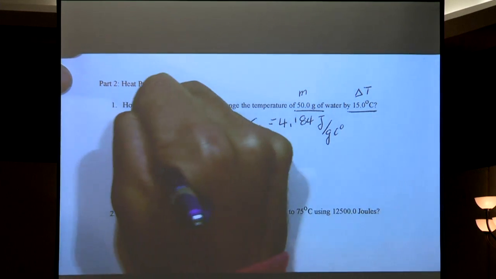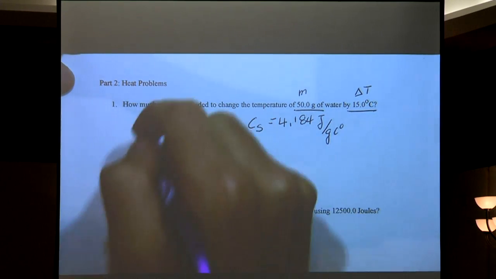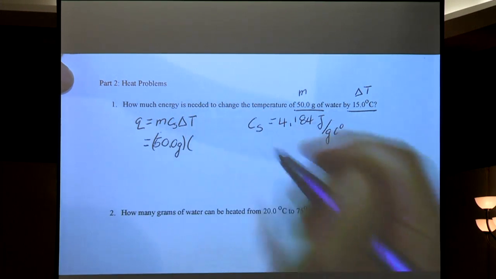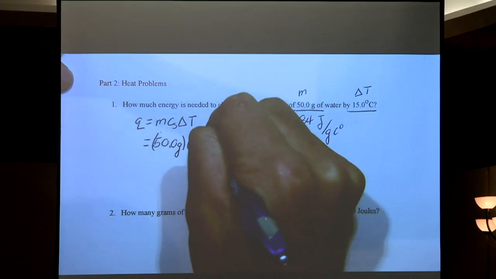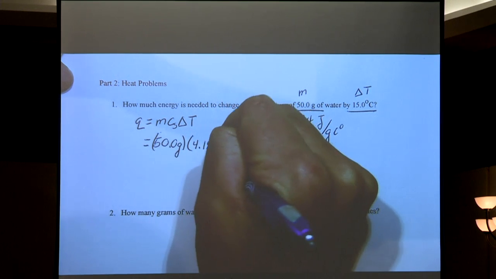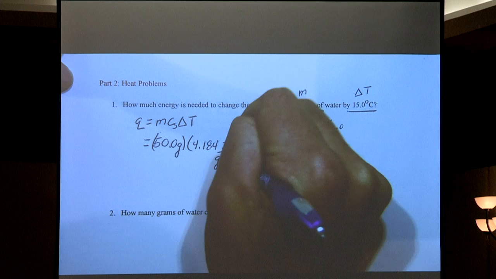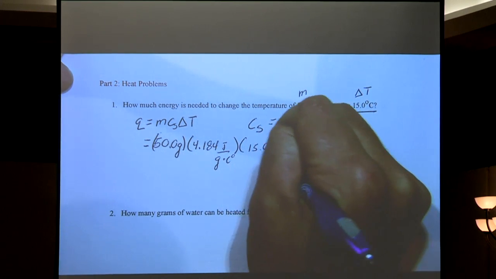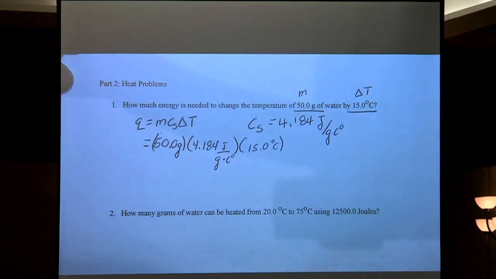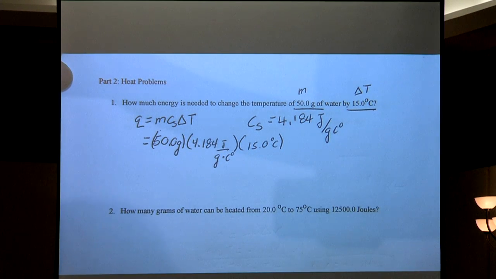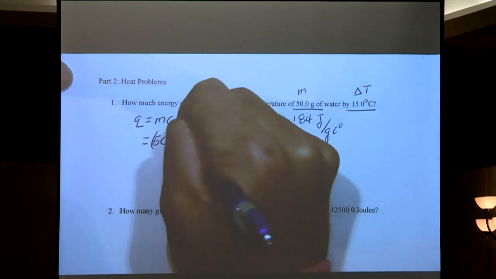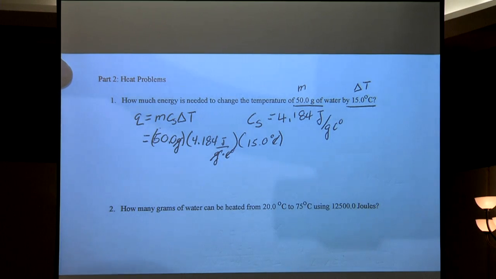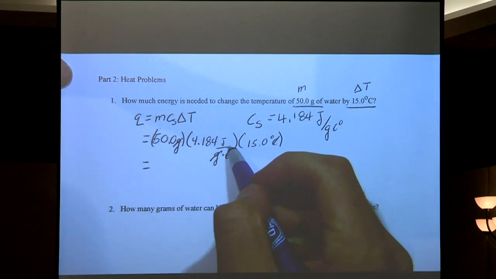All right, so I'm going to go ahead and plug in my values. I have an M, which is 50 grams. I have a CS, which is 4.184 joules per gram times degrees Celsius. And I have a delta T, which is 15.0 degrees Celsius. Okay, so let's make sure our units cancel and we're left in a unit of energy. So grams cancel with grams. Degrees Celsius cancel with degrees Celsius. And we're left in what?